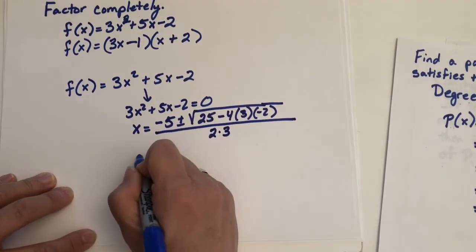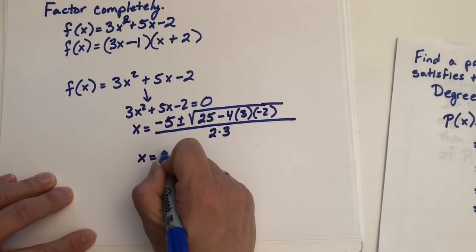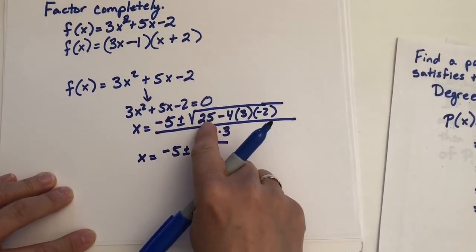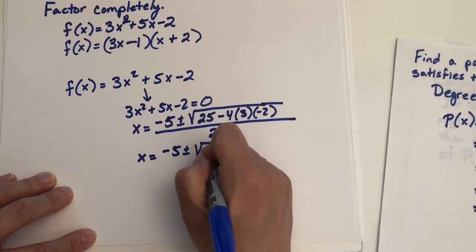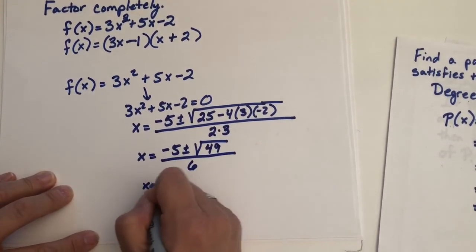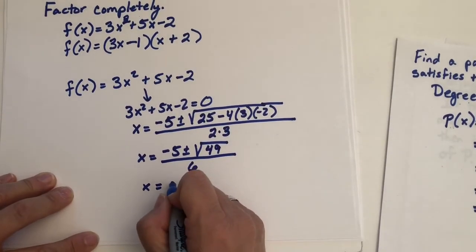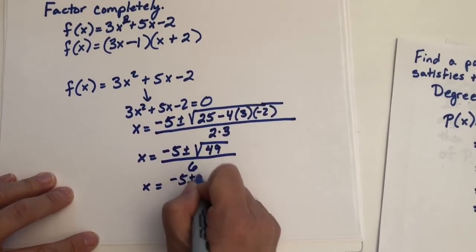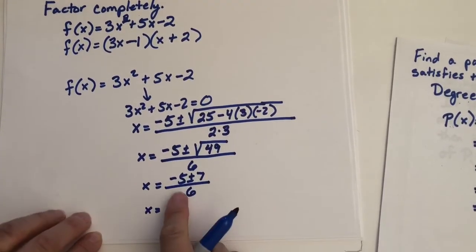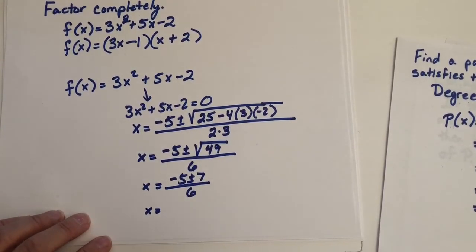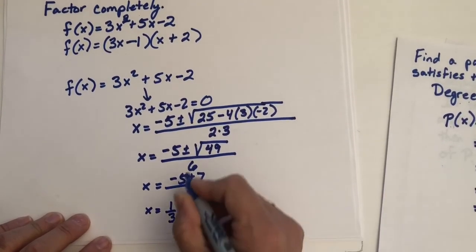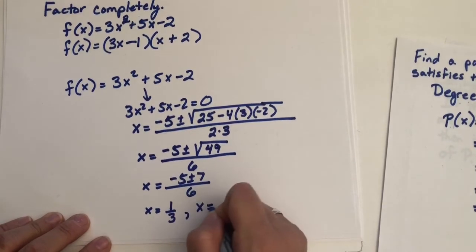If we simplify, we get negative 5 plus or minus the square root of 25. That's going to be plus 24, so that's 49 over 6. So we get negative 5 plus or minus 7 over 6. And if you simplify each of those, negative 5 plus 7 over 6 will give us 1/3. And negative 5 minus 7 over 6 gives us negative 2.